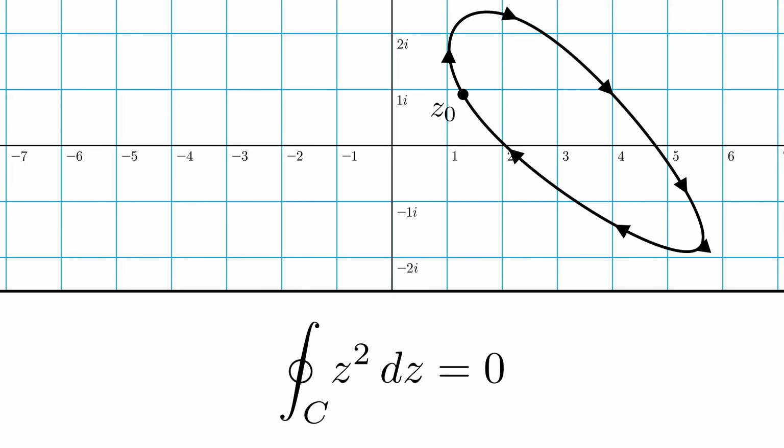Regardless of how you see it, the punchline here is that if you integrate the function z squared dz around a closed curve, the answer will always be 0. Try to convince yourself the same thing works for the function 1 over z squared, as long as the curve does not pass through the point z equals 0.